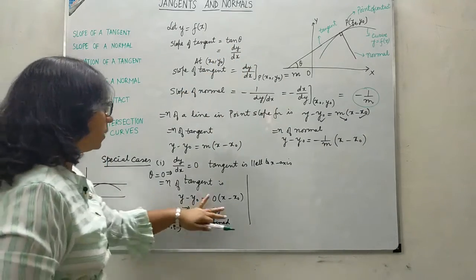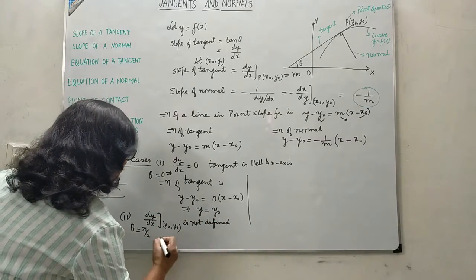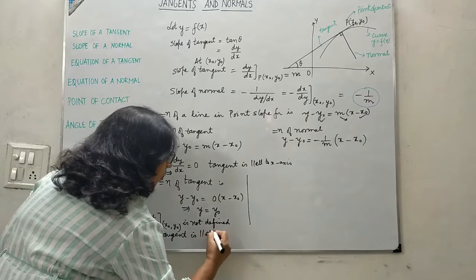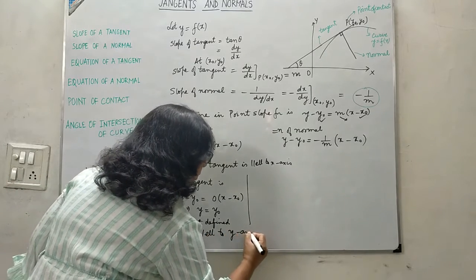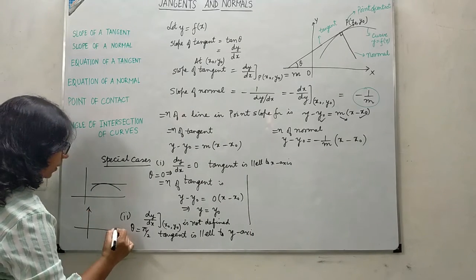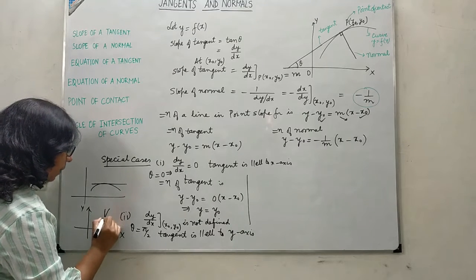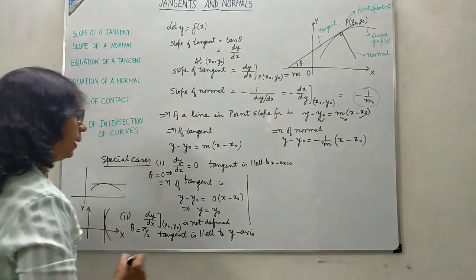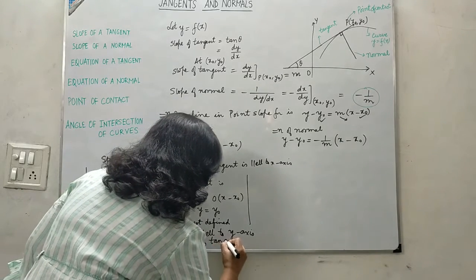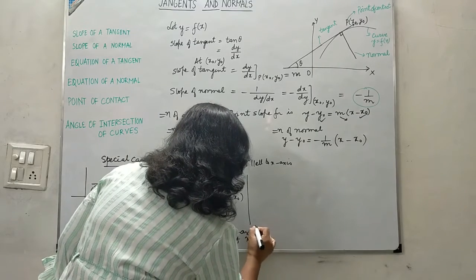In that case, this is 1 upon 0, infinity, and then in that case, tangent will be parallel to y-axis. And if tangent is parallel to y-axis, let me say the figure like this. This is the curve and tangent is parallel to y-axis. And in this case, equation of tangent will become x equal to x0.